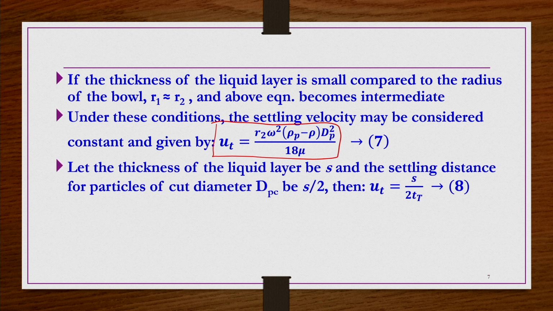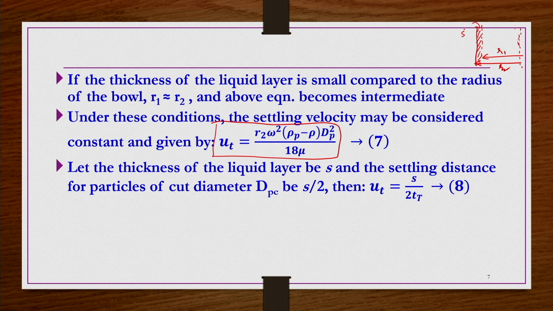Now, the thickness of the liquid layer is very thin. If you draw it, there is a very thin layer like this. If this is the axis of rotation or central axis, this is your R1 and this is your R2, very close to each other. Under such a condition, the thickness of this liquid layer is also very small.